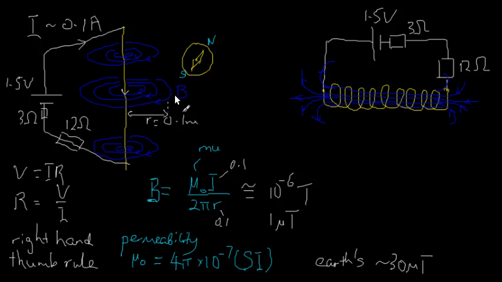Now, what I'd like to talk about is the connection between the magnetic field pattern around the long straight wire and the magnetic field in a solenoid, with lots of turns in a long straight coil.